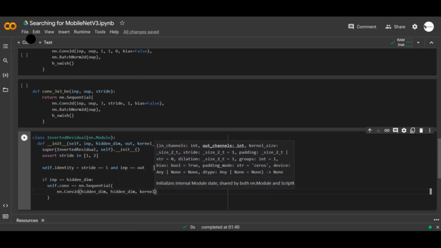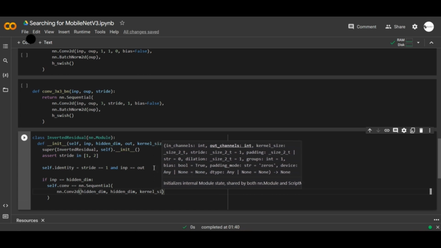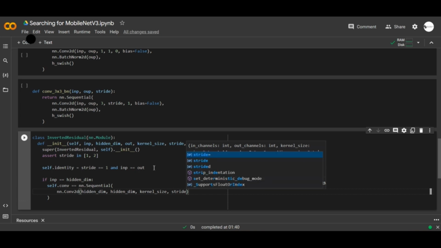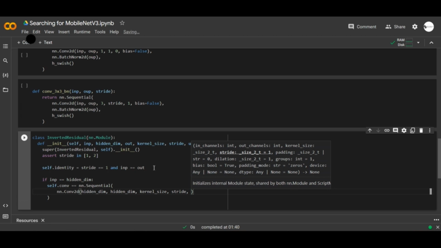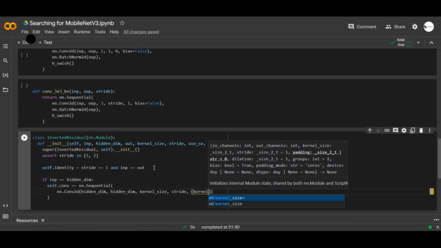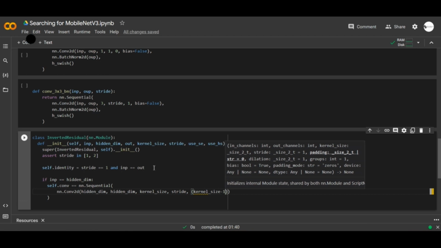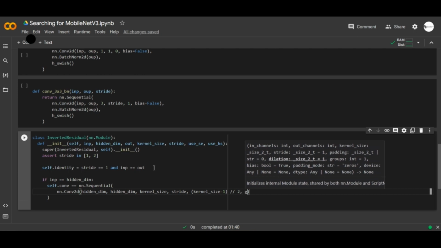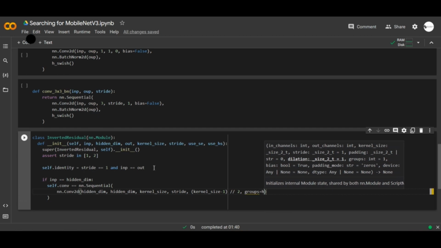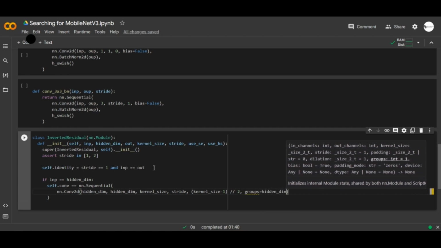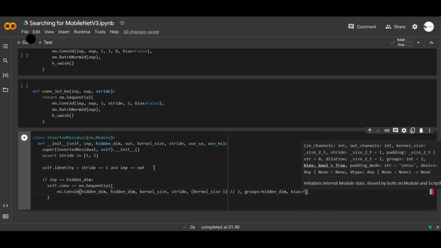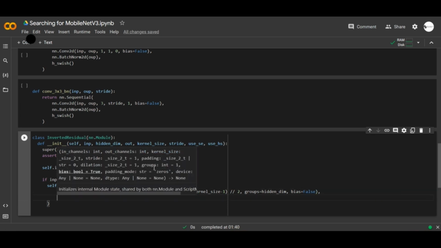Then we have the kernel size, then the stride, then padding of kernel size minus 1, integer division of 2. Then groups equals hidden dimension. Then bias equals false, and a comma here.